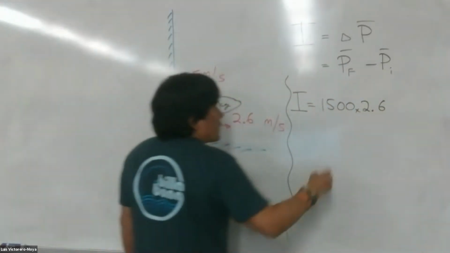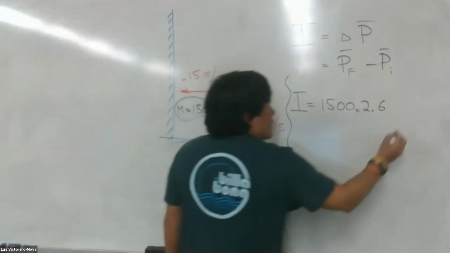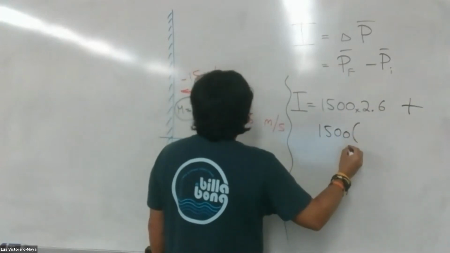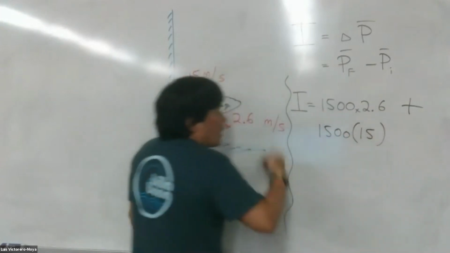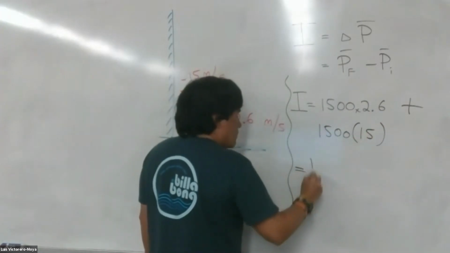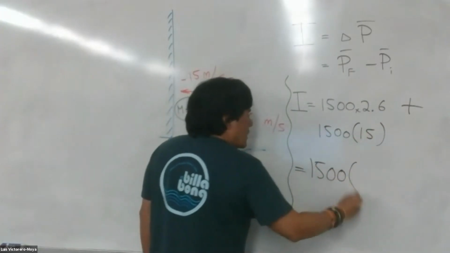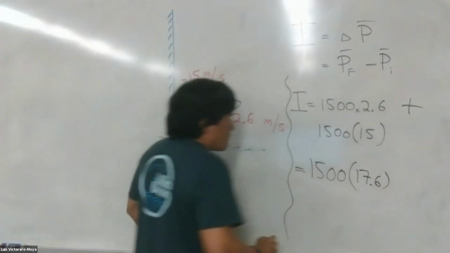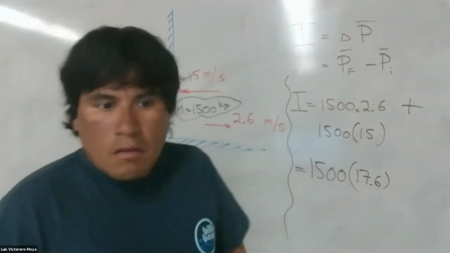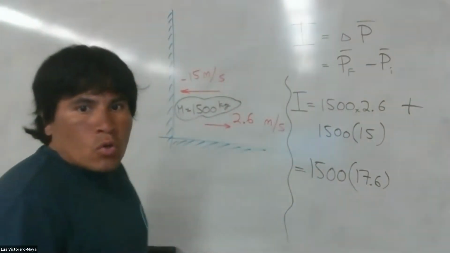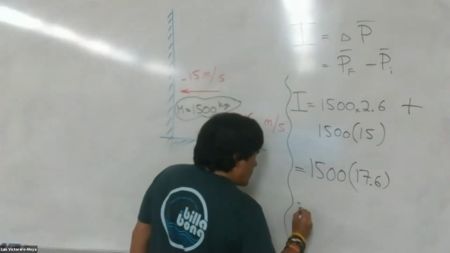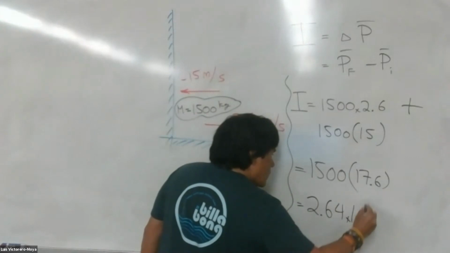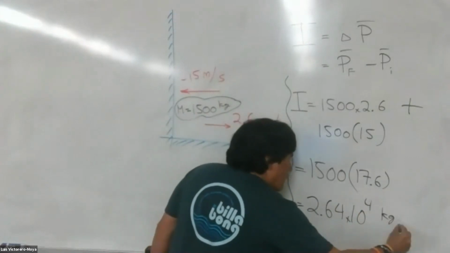Minus 15 times 1500. Minus and minus is plus. And if you do the algebra, you factorize this times 17.6. And that will give you 2.64 times 10 to the 4 kilogram meters per second.